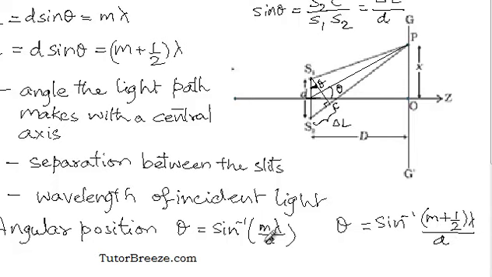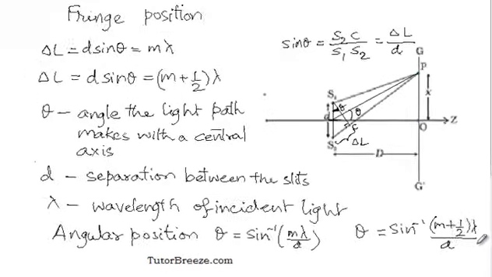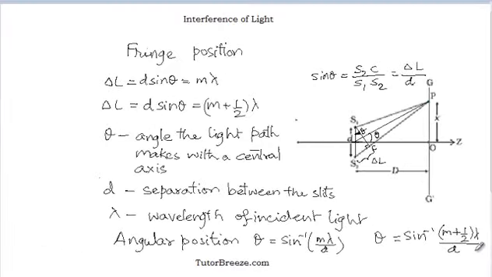In cases where theta is very small, this could be approximated with m lambda over d, and the other could be approximated with m plus half lambda over d, because for very small angles sine theta is approximately equal to theta.